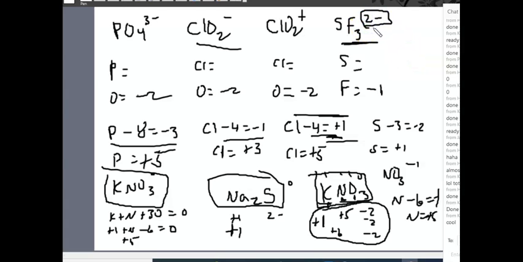Steve, yes. How do we know potassium is +1? Because it's in the 1A row. Oh, okay. It's a monatomic. Yeah, it's monatomic. So all those rules that we've learned still apply. The only new rules are really for a polyatomic ion. If it's elemental, it's 0.